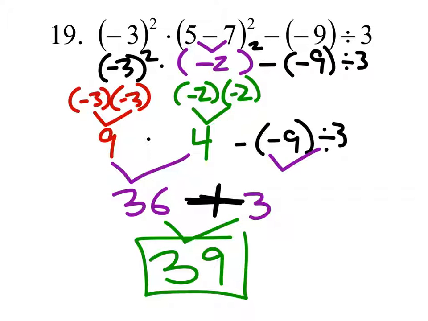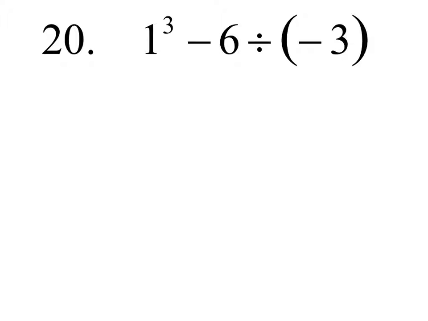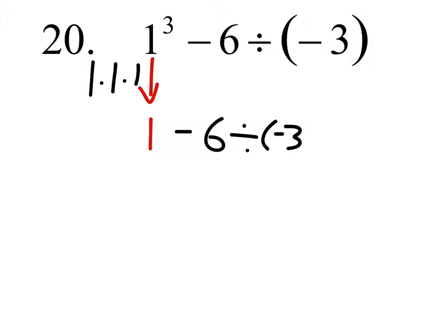All right, so 1 to the power of 3, that's a pretty good one. 1 times 1 times 1. 1 times 1 is 1. Times 1 is, well, it's still 1. So 1 to the power of 3 is still 1. And yeah, there were no parentheses to evaluate there, so I just did the exponents. 1 minus 6 divided by negative 3.